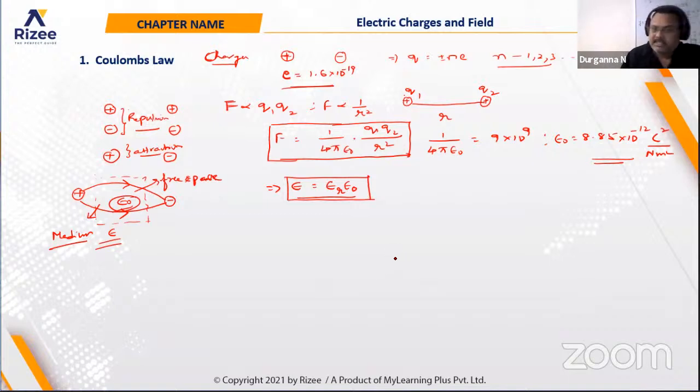Okay, so this is the basic formula of the force between two charges, the Coulombic force. The vectorial representation can be written as 1 by 4 pi epsilon naught into q1 q2 by r cube into r bar. This can be obtained by multiplying the unit vector r to this.